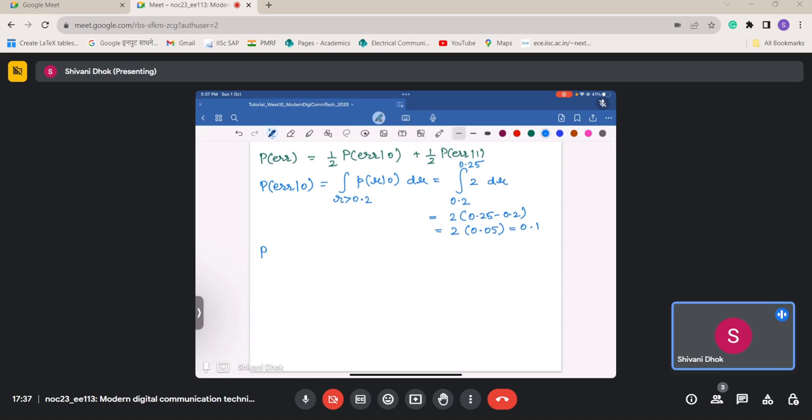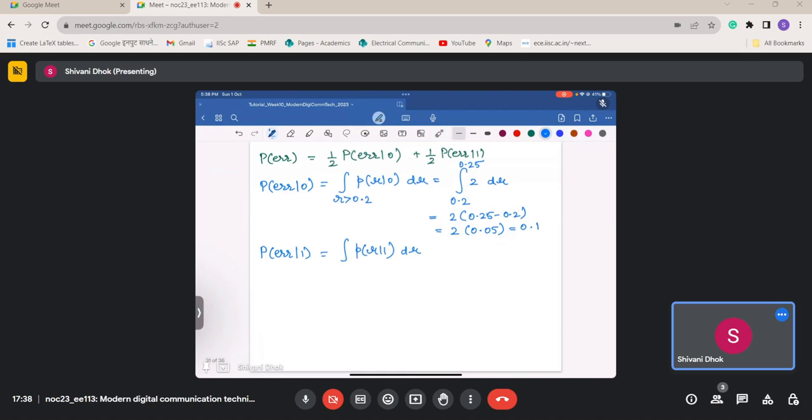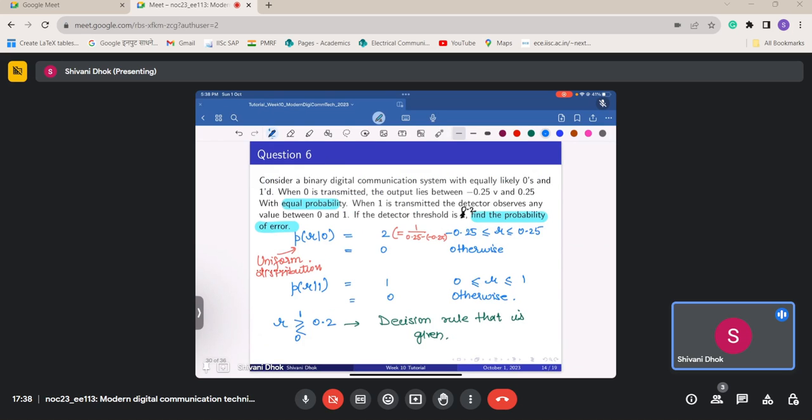Okay, now let us find out the probability of error given 1. That will be basically integrating the PDF of R given 1 being transmitted over a region where we detect 0, and for that R should be less than or equal to 0.2. Now this PDF of R given 1 lies between 0 to 1.